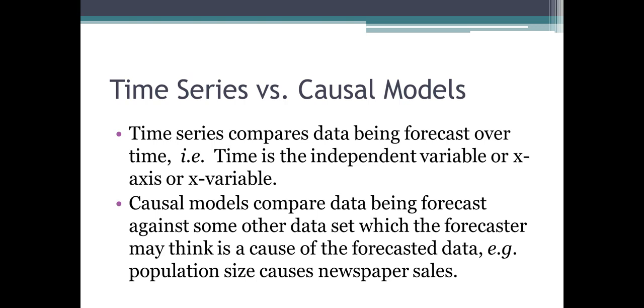If that is time, then you're doing time series analysis and creating a line or a curve that explains the movements in the data and tries to forecast the upcoming values of that variable by using time as your explanatory variable. And in causal forecasts and causal models, you will be picking some other variable, as we have discussed earlier. This could be income, the price of a product, the advertising budget, anything that seems relevant to whatever it is you're trying to forecast.